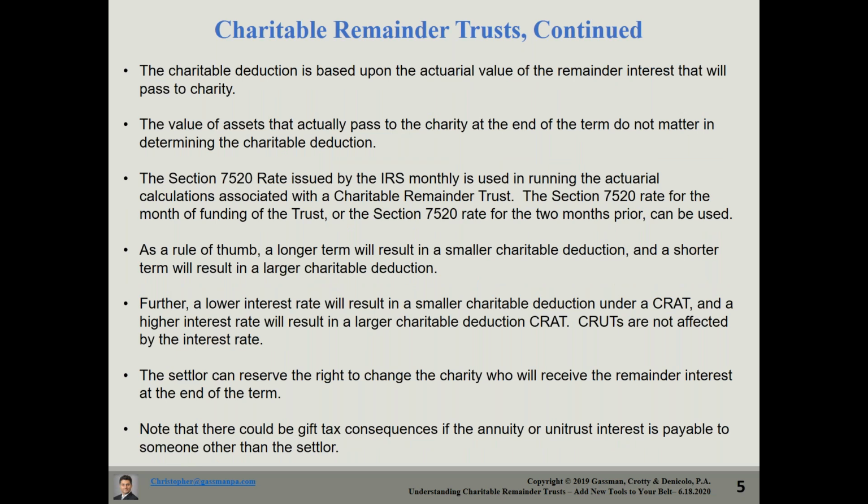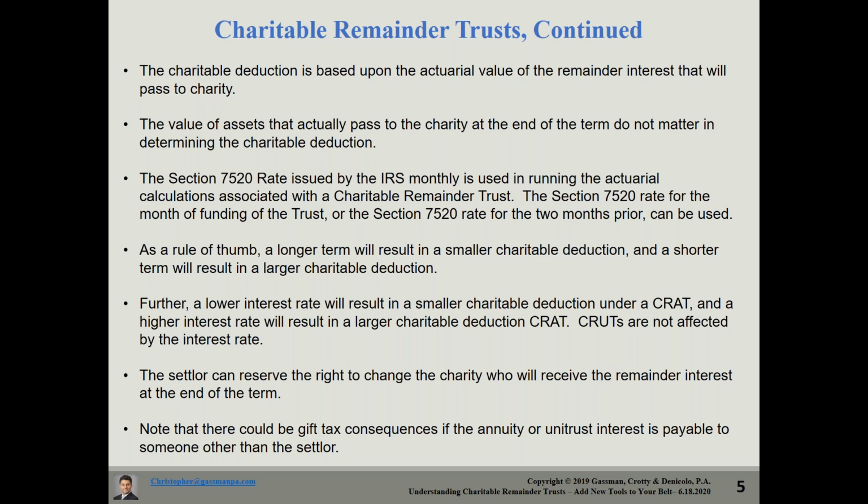As I mentioned, the charitable deduction is based upon the actuarial value of the remainder interest that goes to charity. It doesn't matter what happens under the term of the trust. So if you put $1 million into a CRUT, for example, and it turns out that the performance of the CRUT is such that you're not going to have any assets left after the non-charitable beneficiary's term, that doesn't matter.